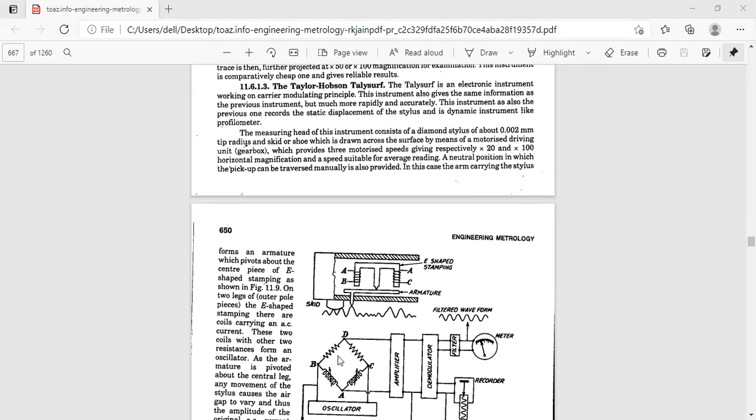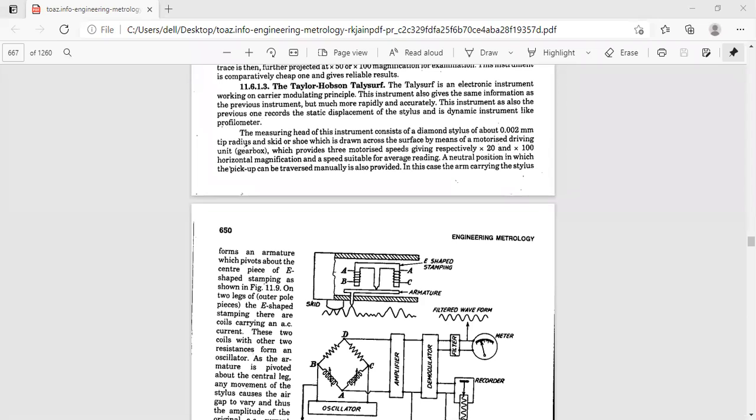So this particular instrument will be recording the movements of the stylus, and it is a dynamic instrument just like the profilometer.